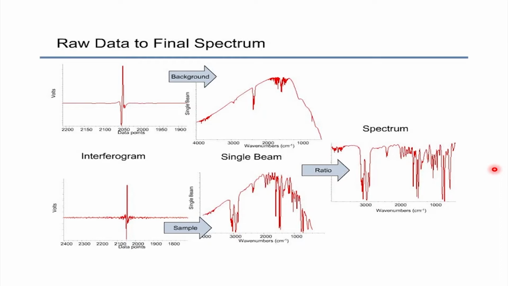So if you have a thin film on a substrate, the substrate comes in the background. When doing the background, you keep only the substrate in the beam path. Next time, you keep the sample plus substrate in the beam path, and the contribution from the substrate is removed, so you get only the sample spectrum.